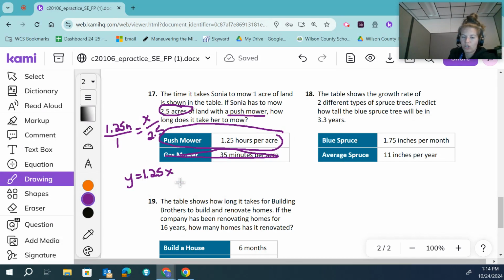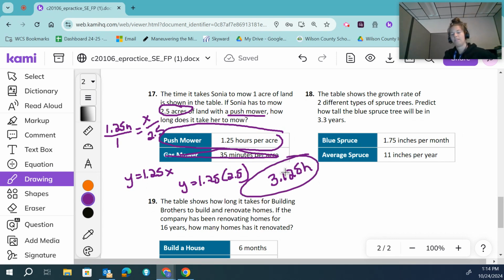And y equals 1.25 times 2.5. 1.25 divided by 1 times 2.5. You're going to get the same answer both ways, and you get 3.125 hours. Either way you solve it, you're going to get 3.125 hours. And you can try those last two on your own.